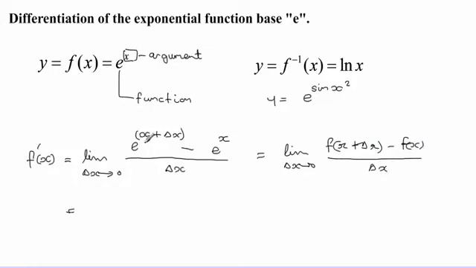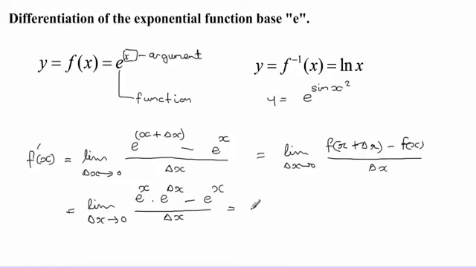Then, applying our rules of exponents, we can say this is equal to the limit as delta x approaches 0. What I'm going to do here is have a product of e to the power of x by e to the power delta x, minus e to the power x, all over delta x. Simplifying further, you can see that you have a common factor e to the power of x, which does not depend on delta x.